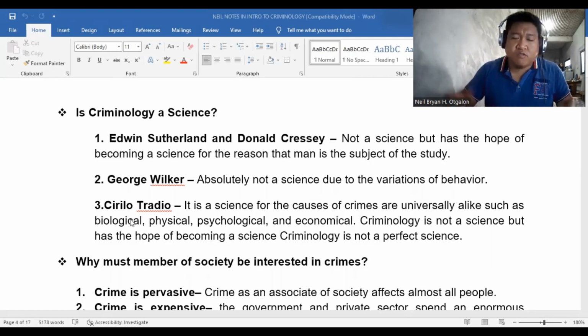Yes. Because of technology today, maraming bagay na hindi na ma-explain gamit ang manual. You have to use technology. That is why criminology, whether they like it or not, talagang gumagamit na tayo ng science. That is why it is mentioned that criminology is a scientific study of crime.